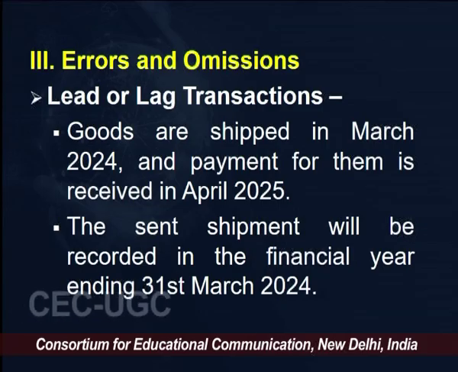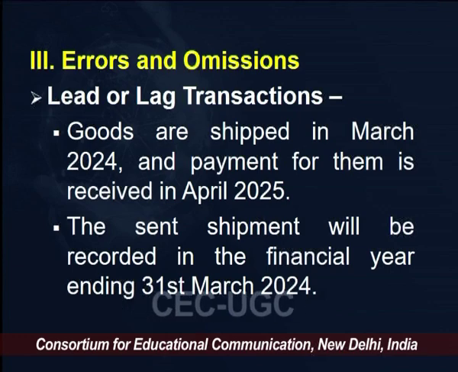The shipment will be recorded in the financial year ending 31st March 2024. However, the payment for it shall be recorded in the following financial year ending 31st March 2025. So, there is a lead and lag effect of two financial years.